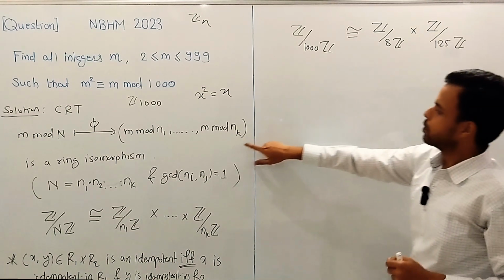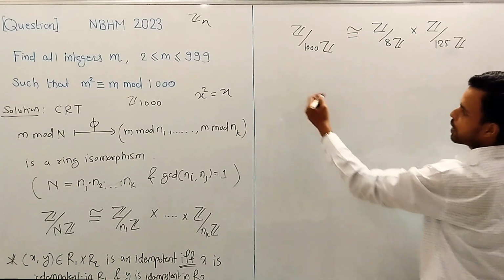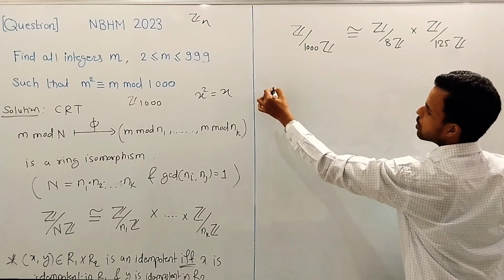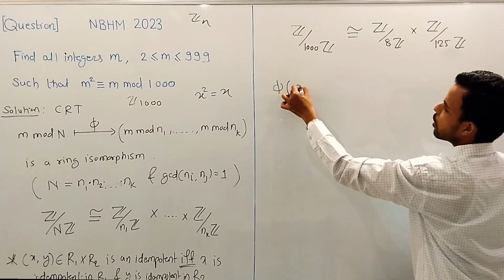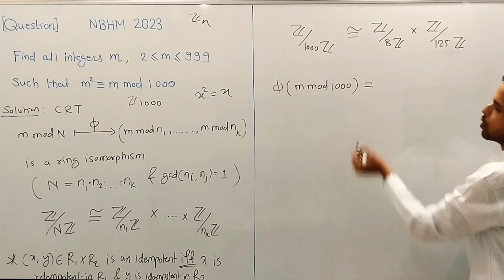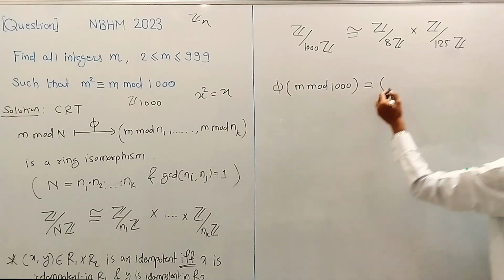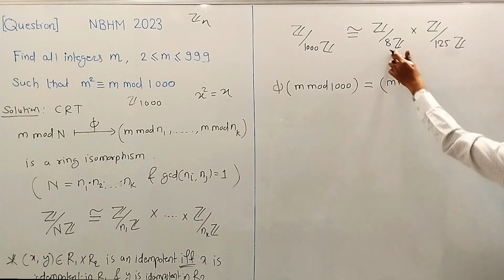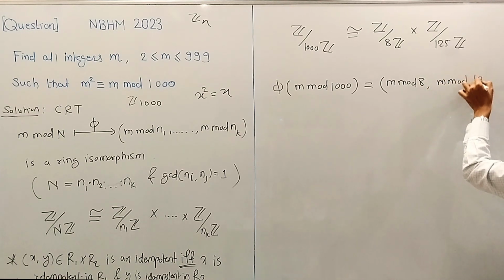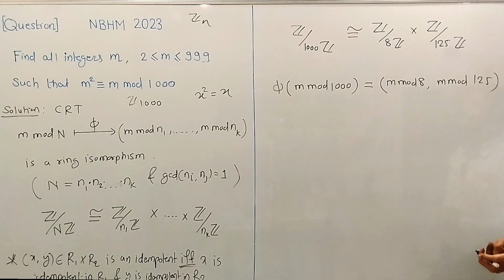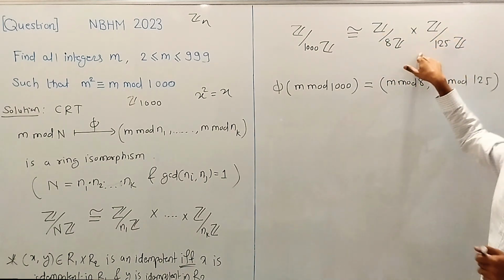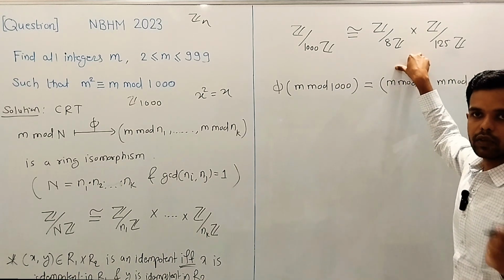Now let's define this map for this ring. The mapping phi maps m mod 1000 to the ordered pair (m mod 8, m mod 125). As I have stated, these two are local rings, so their idempotent elements are 0 and 1 only.